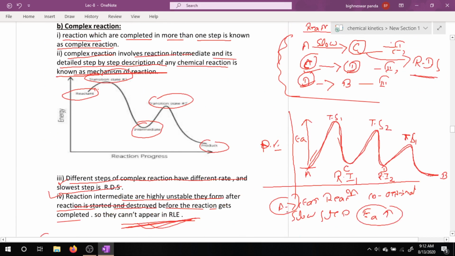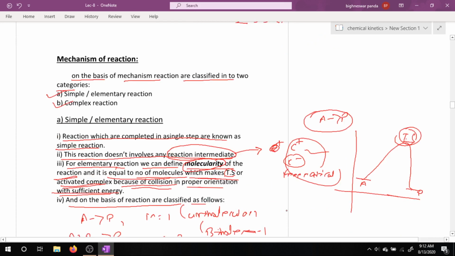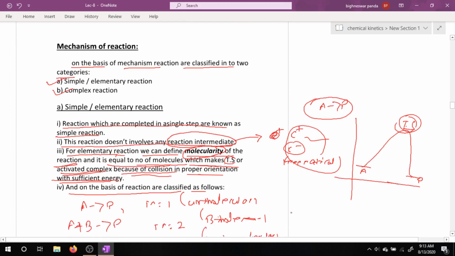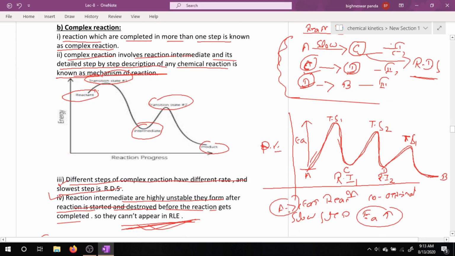So this is all about molecularity and mechanism of the reaction. For mechanism, we have two types of reaction, that is simple reaction and complex reaction. Just observe the graphs related to simple reaction and complex reaction. For a complex reaction, molecularity is meaningless, but for an elementary reaction, molecularity is equal to order. And remember, for a complex reaction, the slow step is the rate determining step. So this is all about reaction mechanisms.